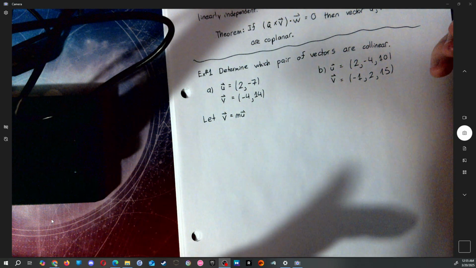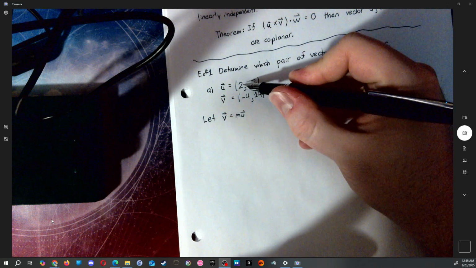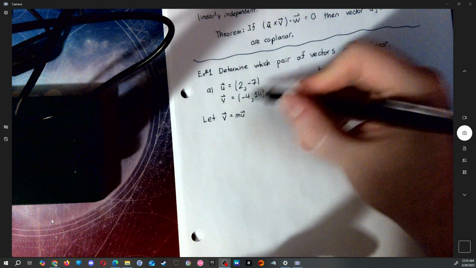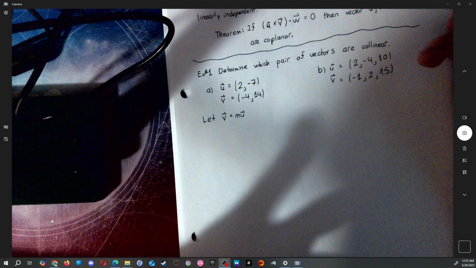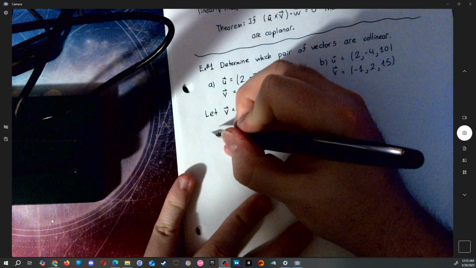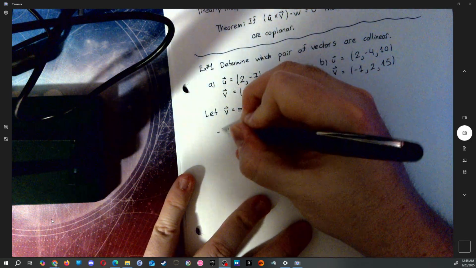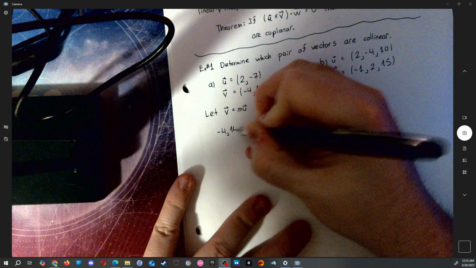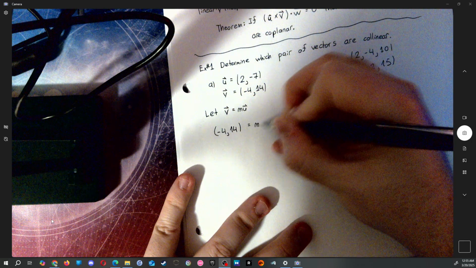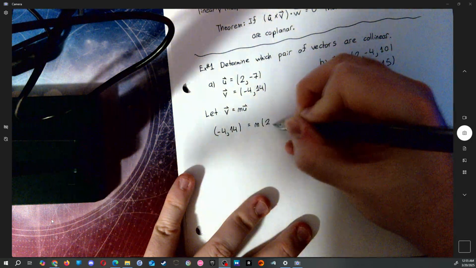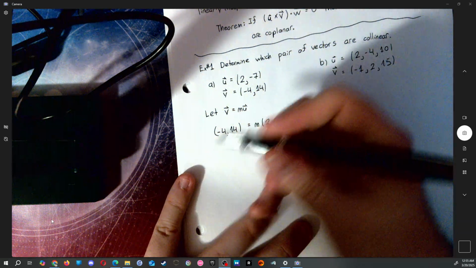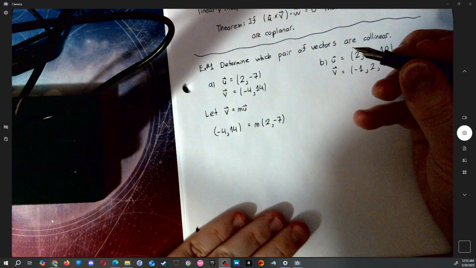If we get two different values, so like we have a different value for what we would have to multiply our i value to make it work versus our j value, then we can't really have that, right? It has to be one scalar value. So that's what we're going to do. It's going to be negative 4 and 14, so one of our given vectors, is equal to our constant that we don't know yet, or our scalar, I guess would be better to say, multiplied by our other vector.